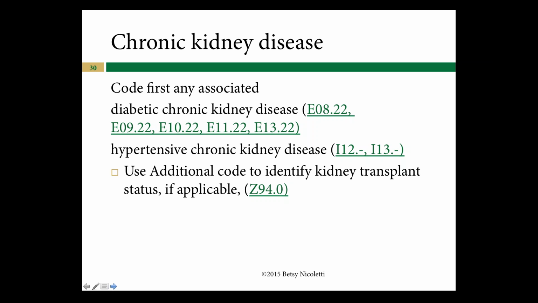It tells us to code first hypertensive chronic kidney disease. Remember, we saw those codes in the I12 and the I13 category. And then to use an additional code to identify chronic transplant status, to identify kidney transplant status if applicable, and that's a Z code. I'm sure those of you who've been learning ICD-10 know that what were the V codes become Z codes in ICD-10.